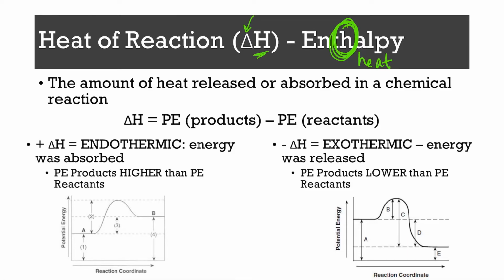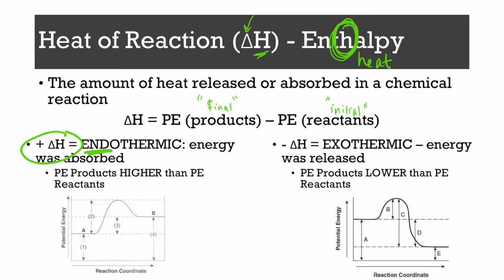When we talked about delta T for our MCAT equations, it was final minus initial. In reactions, technically, our product is our final, because that's what we're ending with, and your initial is your reactant. So you're using the same concept, final minus initial, but with the words product and reactants.